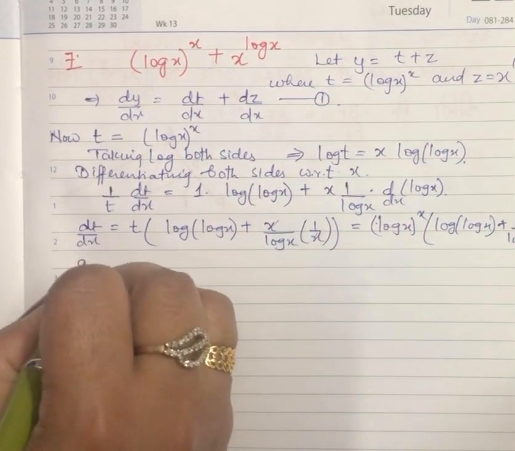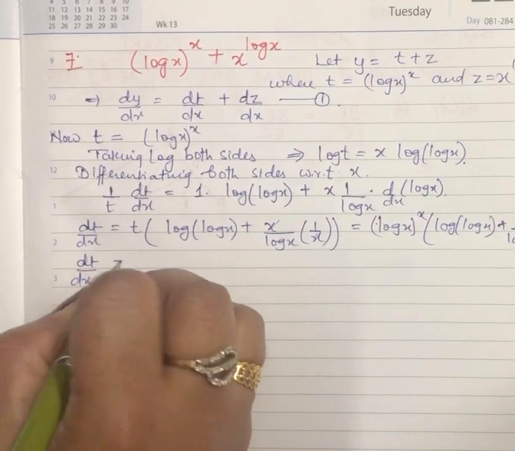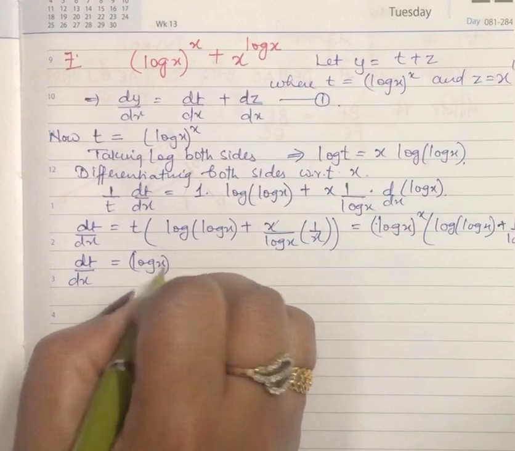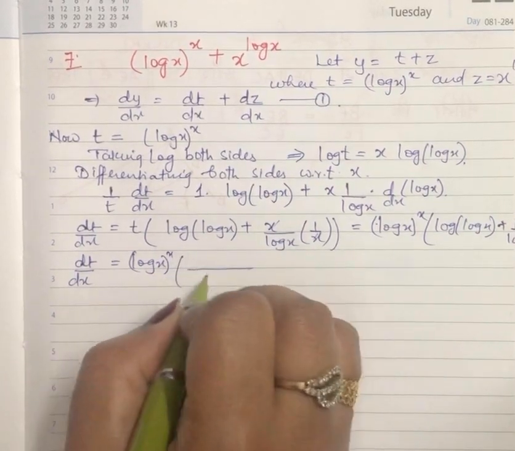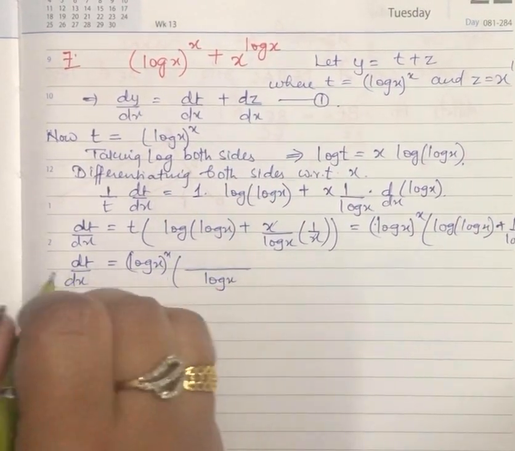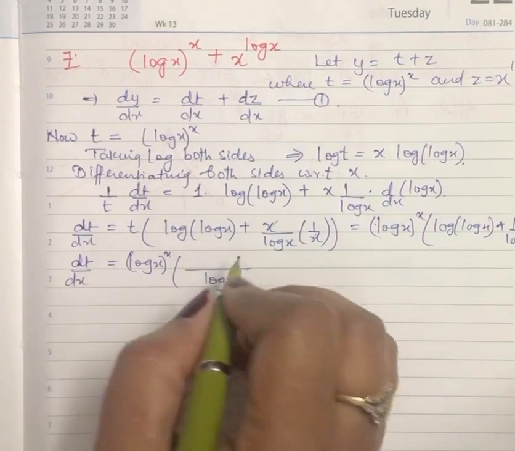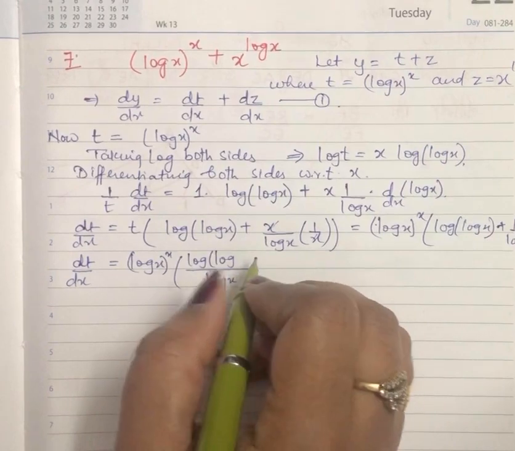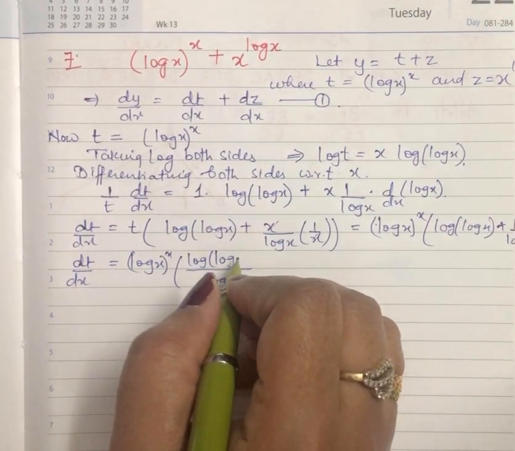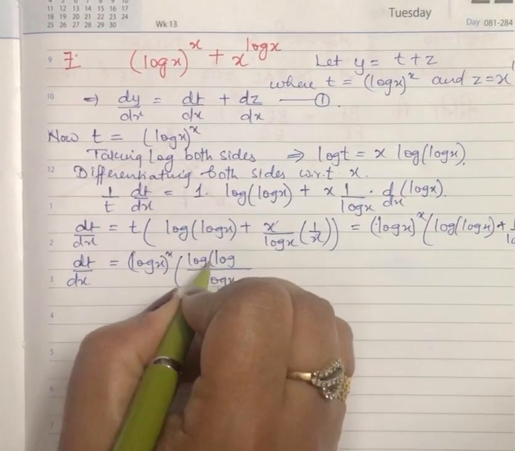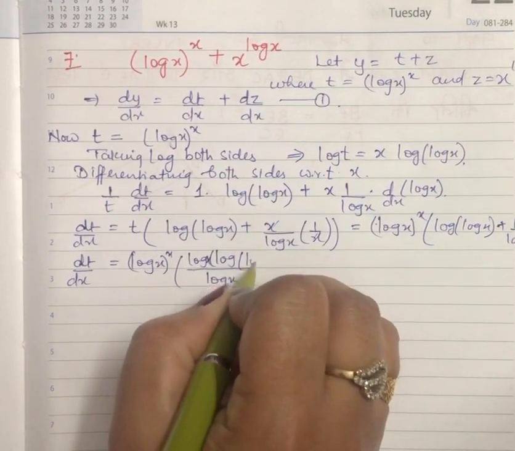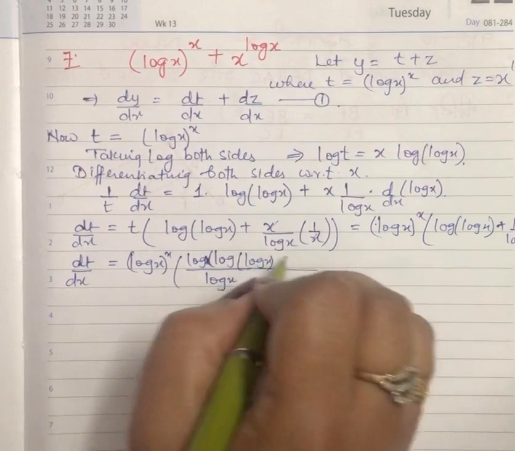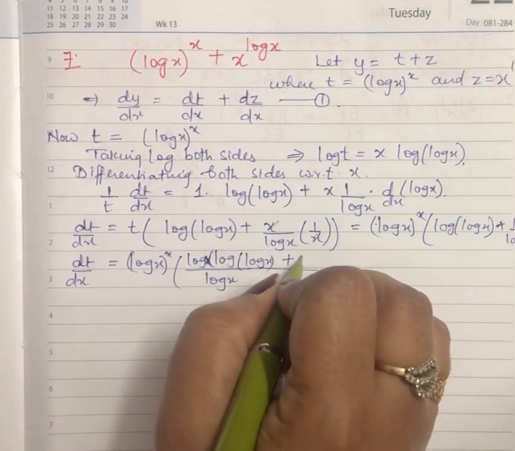Now dt by dx becomes, taking log x in the denominator, we get log x into log of log x plus 1.